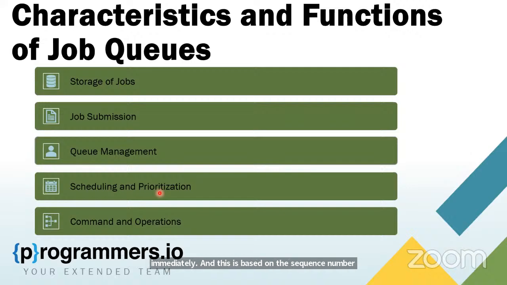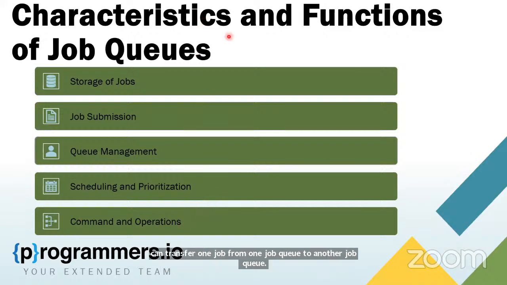You can give from a low value to a high value. The low value will have high priority for the queue. And there are commands: you can change the job queue, you can transfer one job from one job queue to another job queue. These kinds of commands are there for a job queue.